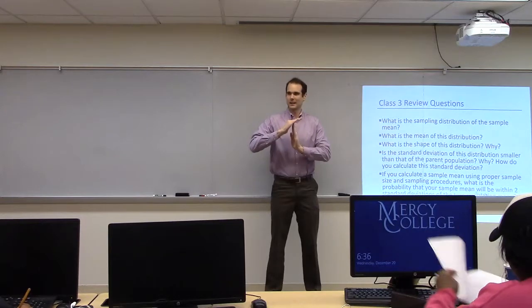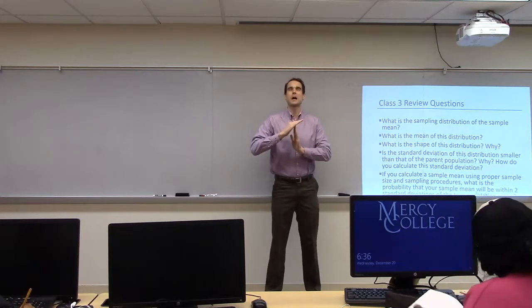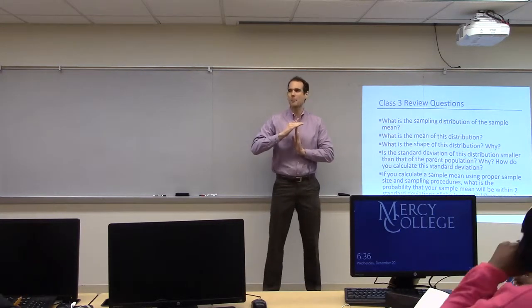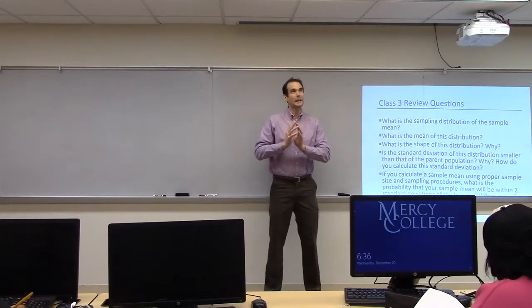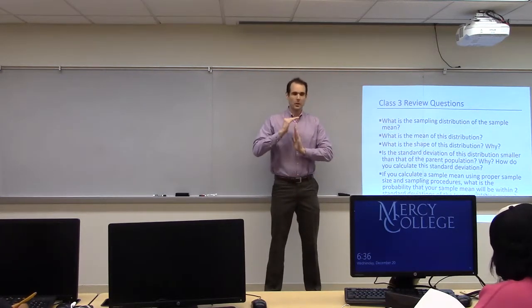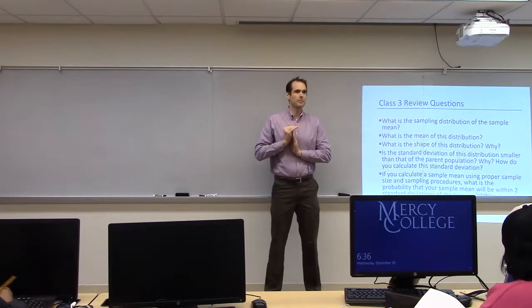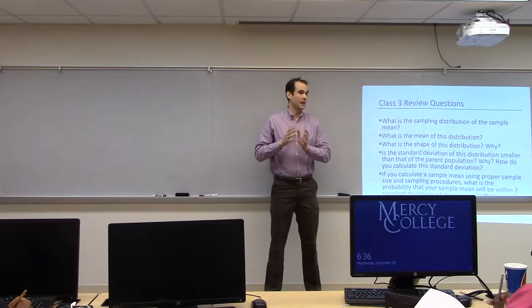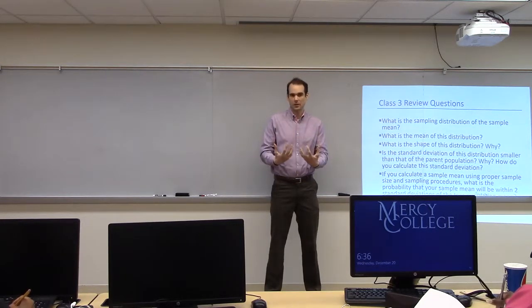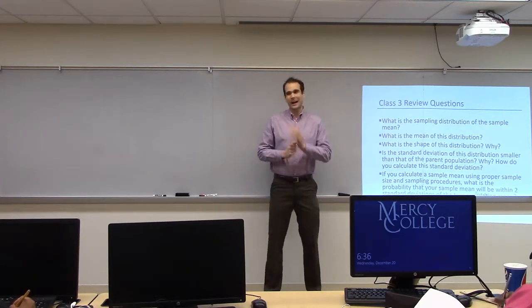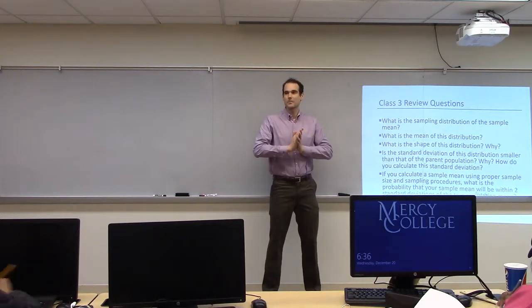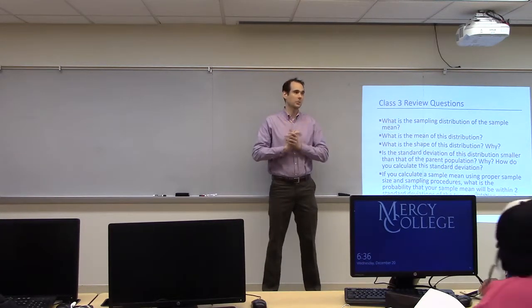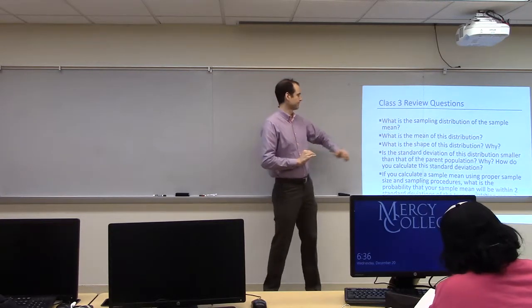The mode means the most common outcome, which doesn't necessarily mean the most likely outcome. So the mode, the median, and the mean are going to be the true population mean, aka the right answer. Sometimes you're going to get a little bit higher than the right answer when you sample, sometimes a little bit lower, but it's going to fall into a predictable normal distribution.